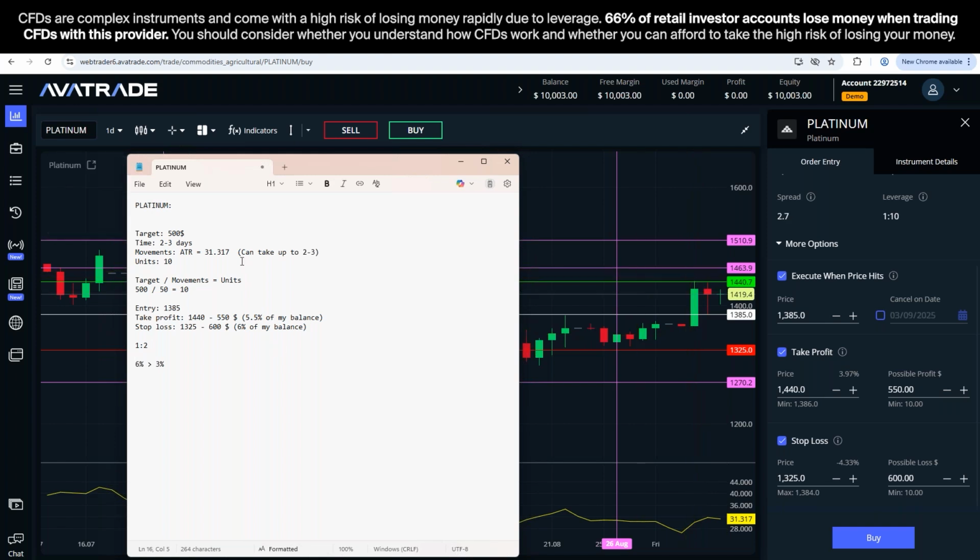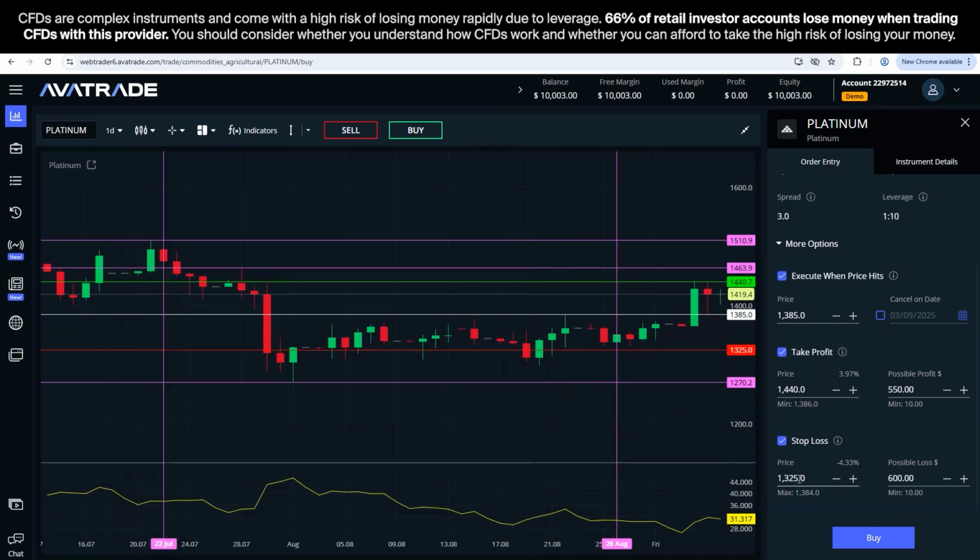For instance, if I cut this 50 by half, this $50 away, let's do it together. So the stop loss, instead of being here, is closer to our entry, and then we get half of the loss.